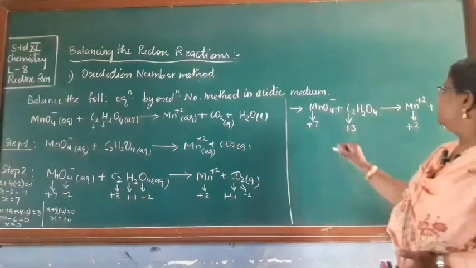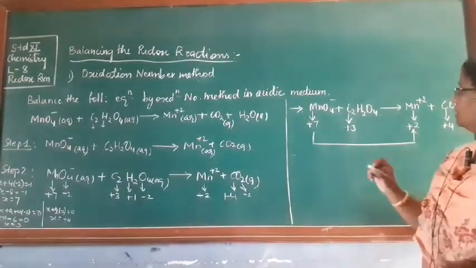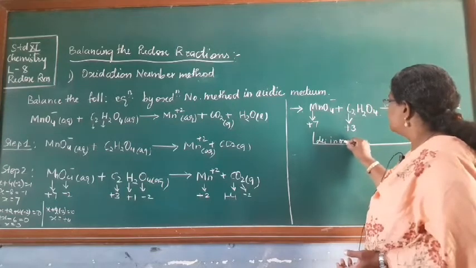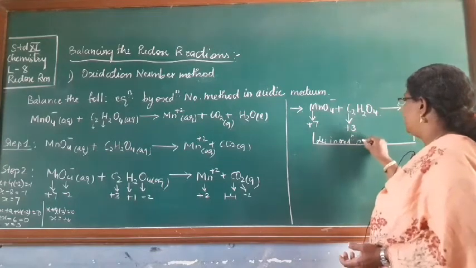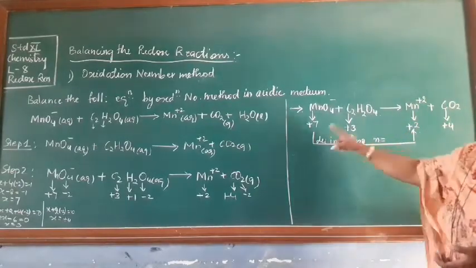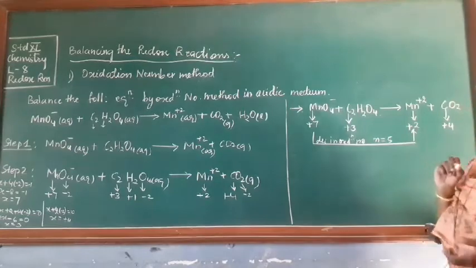ठीक है, Mn is going from +7 to +2, तो मतलब this is a decrease in oxidation number. Okay, so that is N is equal to, मेरे पास 7 से 2 गया, मतलब यहाँ पे N should be equal to 5.